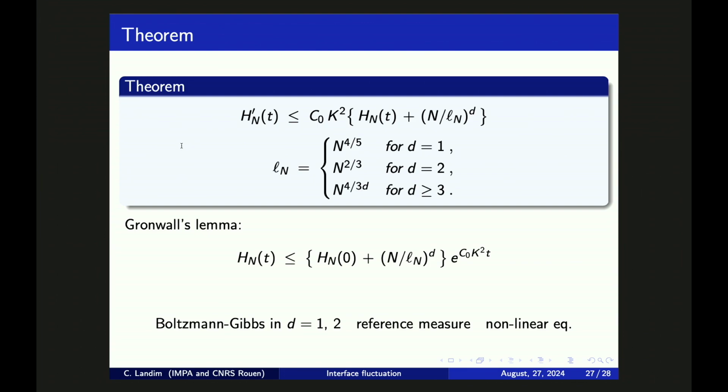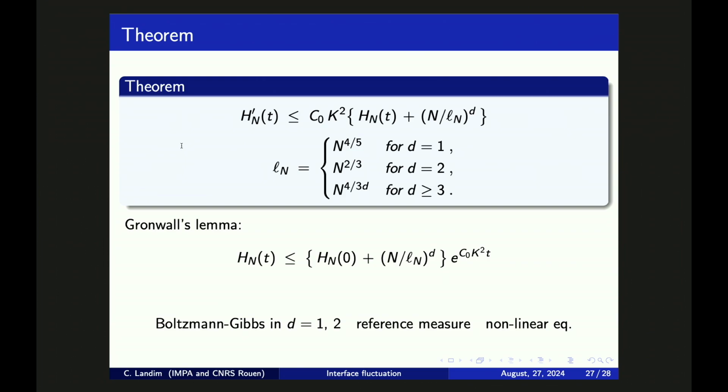And this explains why you can take k only of the size of square root of log n. This is true in any dimension. But if you want to prove the Boltzmann-Gibbs principle with these bounds, you can do it only in 2 dimensions. This is why we are stuck to 2 dimensions, because this bound on the entropy is not good enough.